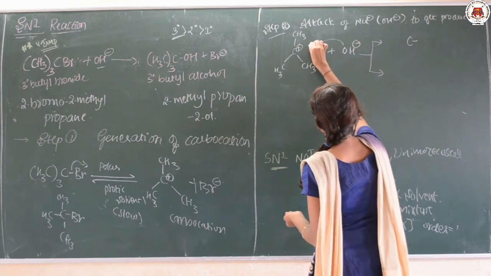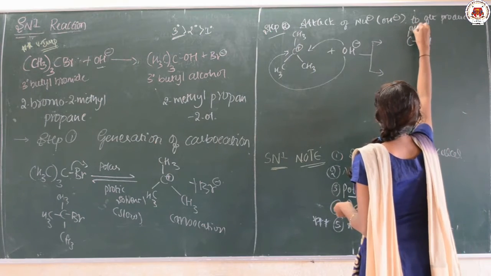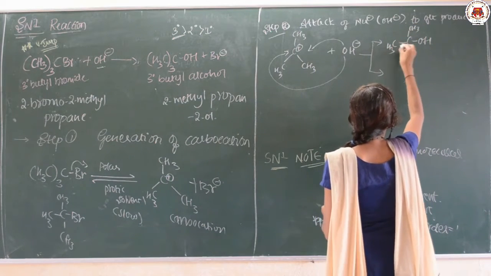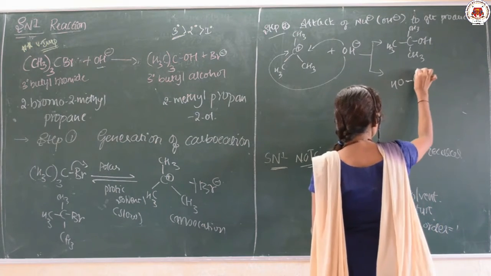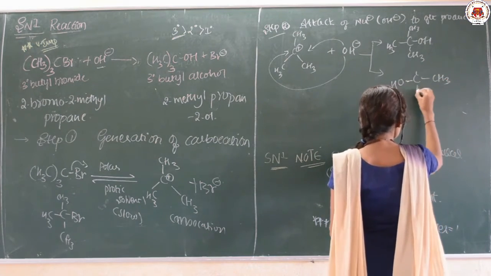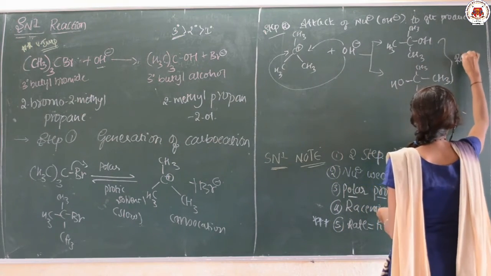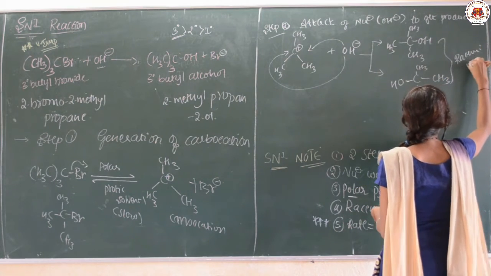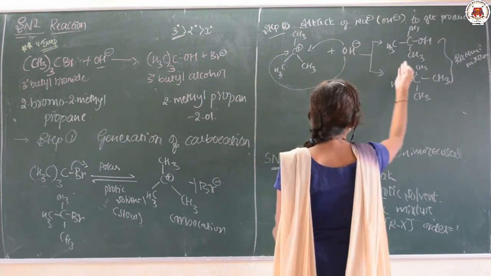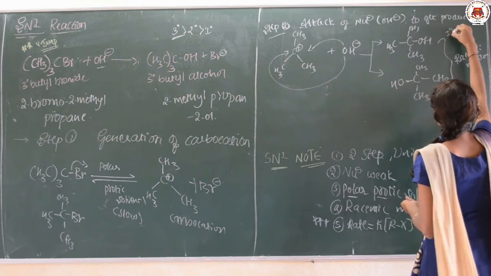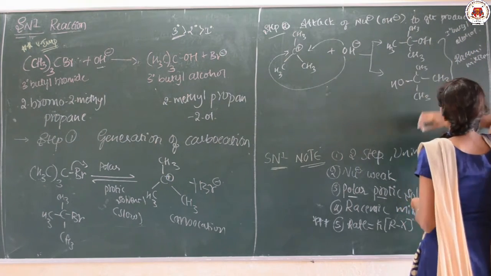One is front attack, one more is back attack. If it is a front attack, you are going to get this structure. If it is a back attack, the OH is attached at the back side and the valence of carbon is 4. So you are going to get a racemic mixture, or else this is nothing but tertiary butyl alcohol.